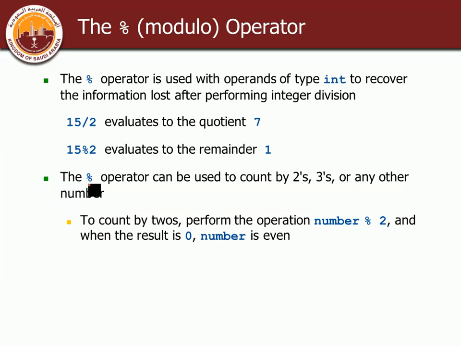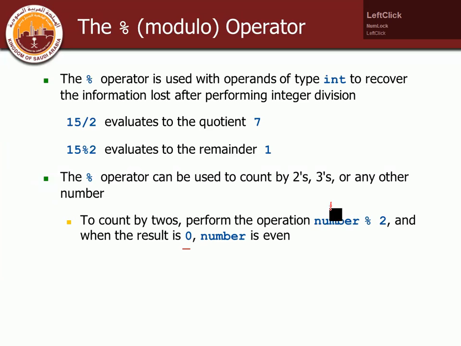So this moduli division can be used to detect if a number is odd or even. For example, you give me any number, and then you give me the result of that number with the remainder of 2. If the result is 0, that means it is even. If it's not 0, it should be 1, then it is odd.